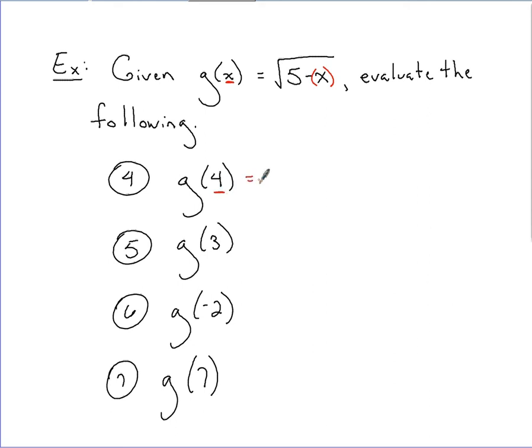In my defined function, g of x equals square root of 5 minus x. So this is going to equal the square root of 5 minus, would be a little over the top here, use parentheses 4. Parentheses really aren't required because it's just the square root of 1, right? And the square root of 1 is 1, so g of 4 equals 1.